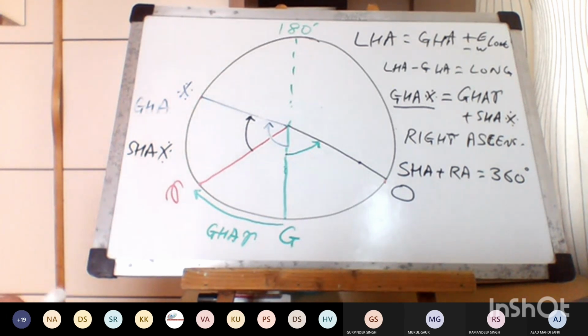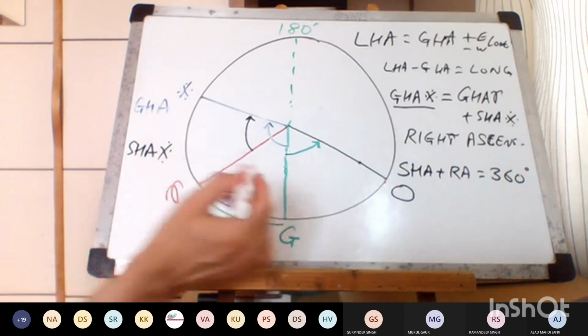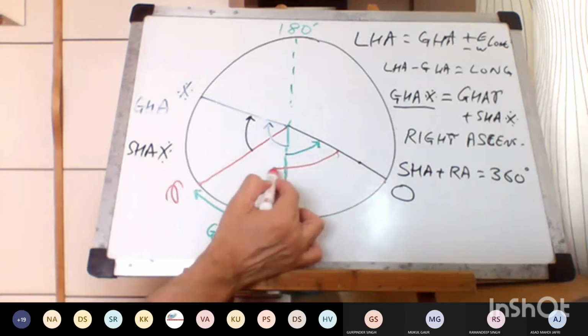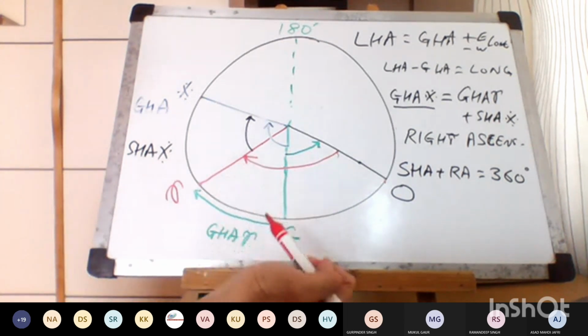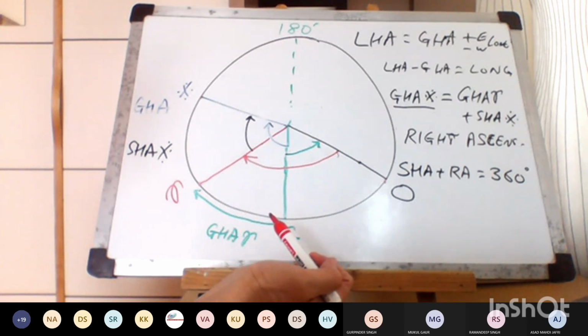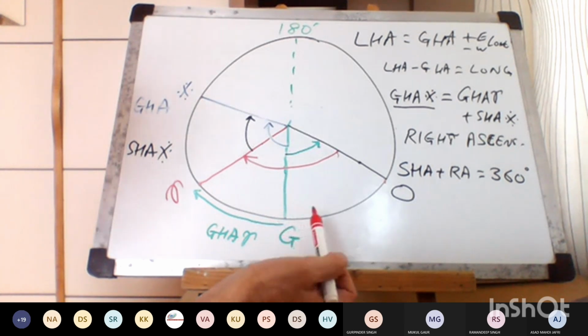What will I call this angle, the red one?